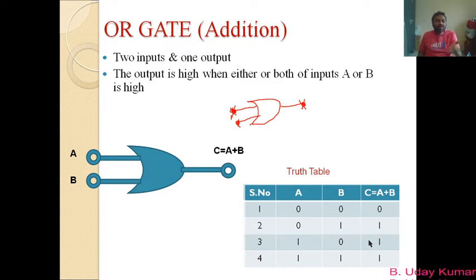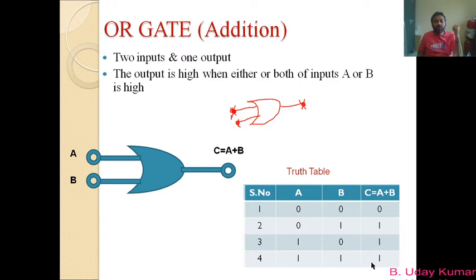It's like a switch: if a switch is on, it's like 1, and if the switch is off, it's 0. You can even take a bulb: if the bulb is on, the condition is denoted by 1, and if the bulb is off, it is denoted by 0. If you apply high potentials to both A and B, even then the output will be high.